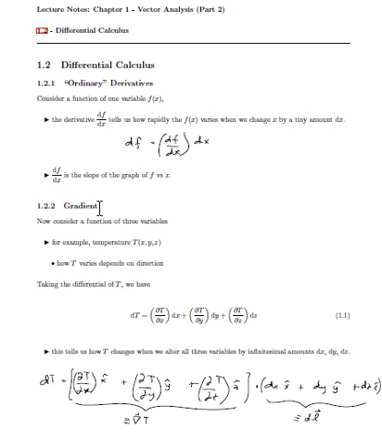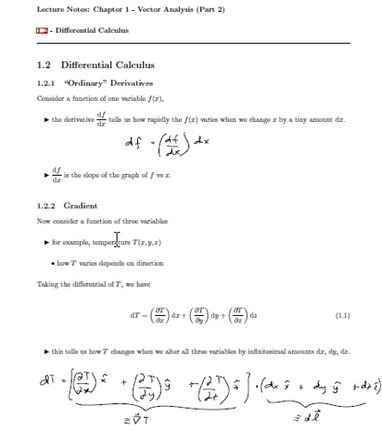Now we will go on to gradient. Gradient is somewhat like an operator that can be used in order for us to get the slope of a function that is a function of three variables or more.